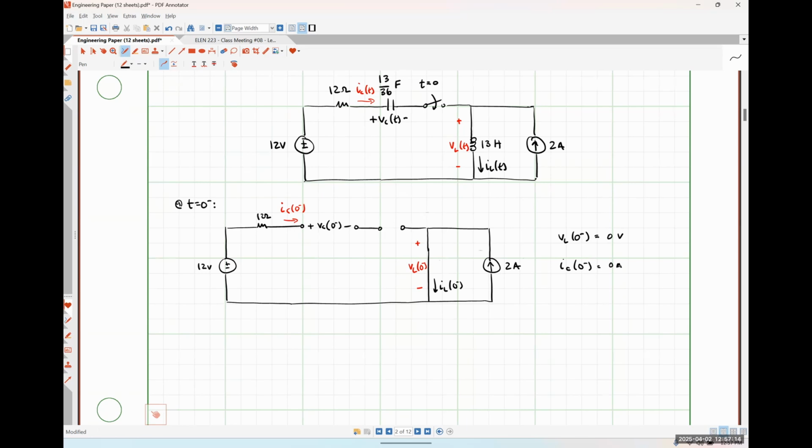I think by inspection, we can fairly safely say that IL at 0 minus is going to be 2 amps. For VC at 0 minus, this is a smidge more tricky. Okay.